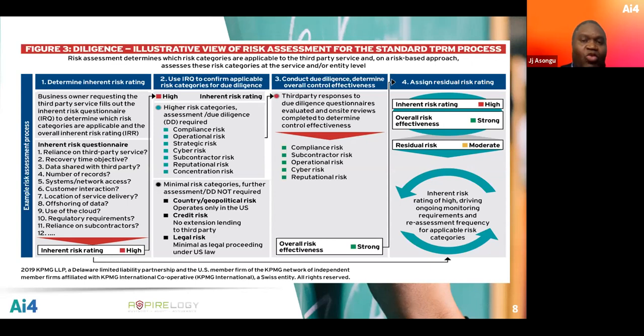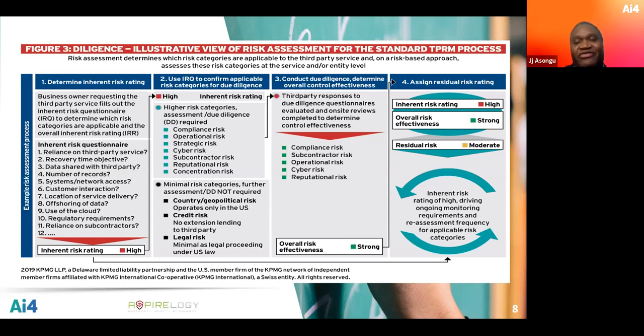The way this risk assessment is done may differ from company to company, but usually there are three or four main steps. First of all, you begin by doing a scoping meeting in order to understand the scope of the relationship. Then you go ahead to submit questionnaires to your vendor.